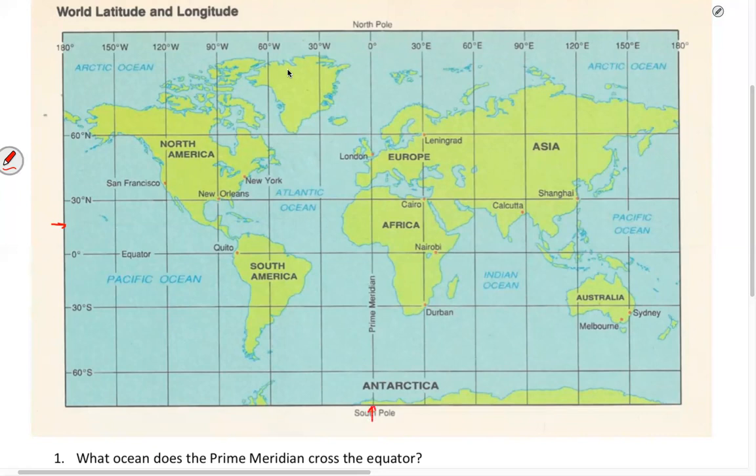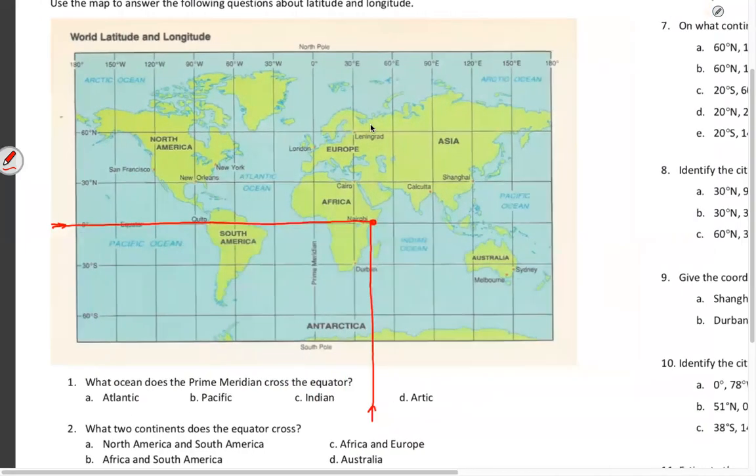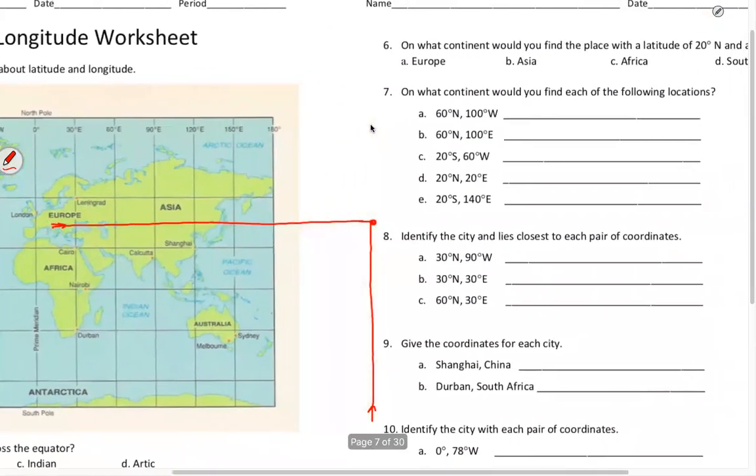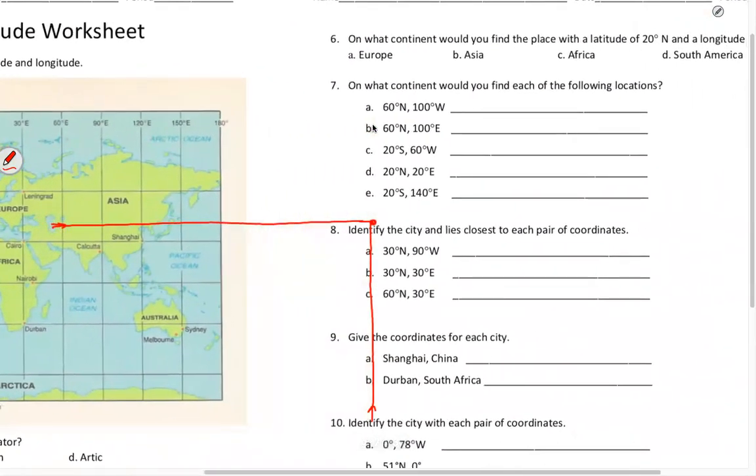So when I trace them out, all the way over to this, Jules, what continent are we on? Jules, you got to answer it. I have to say Africa. Africa. And is that one of our options? It is. So our answer is C.